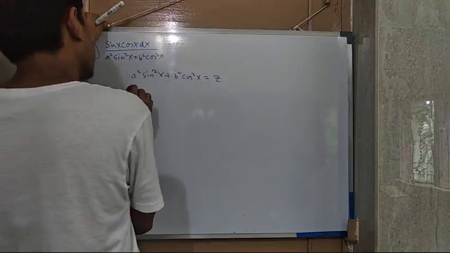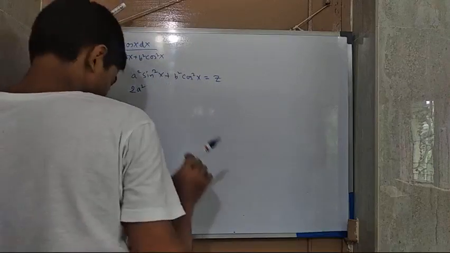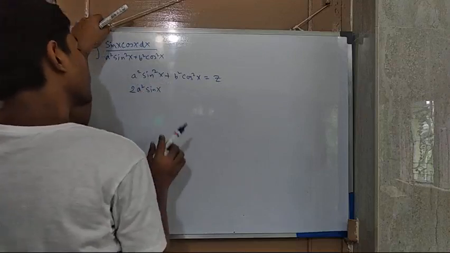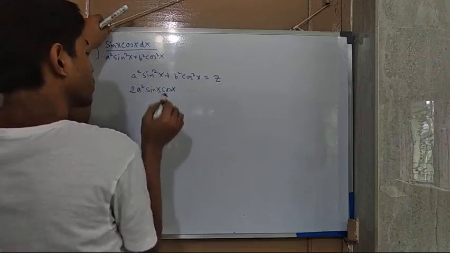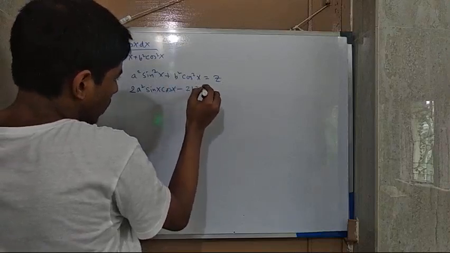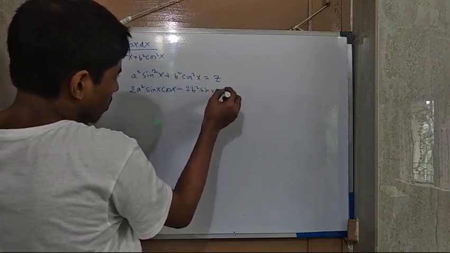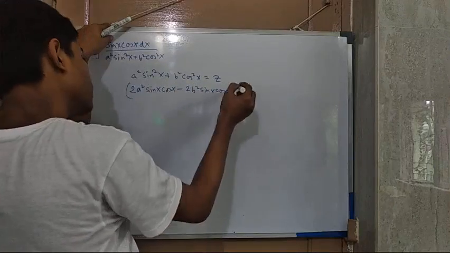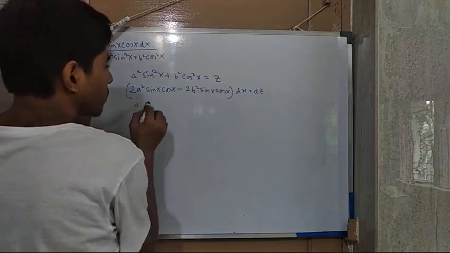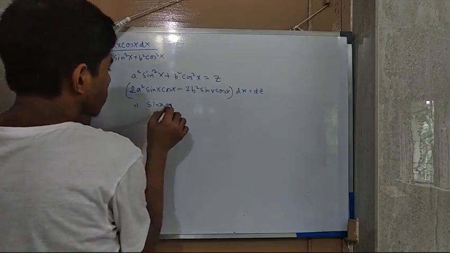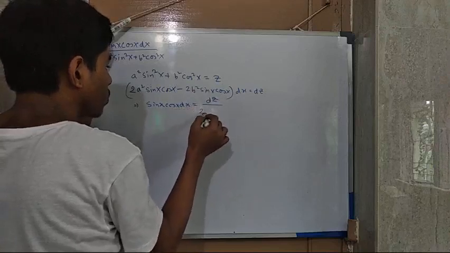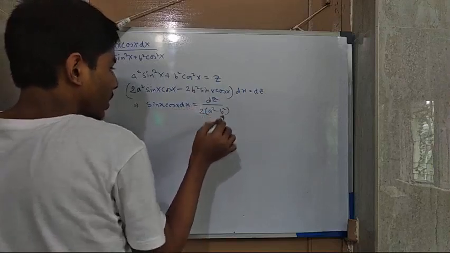This will give 2a square sin x cos x minus 2b square sin x cos x dx is equal to dz, and sin x cos x dx is equal to dz by 2 times a square minus b square.